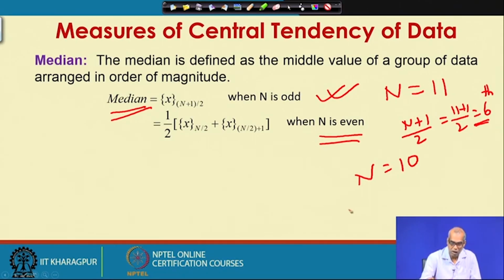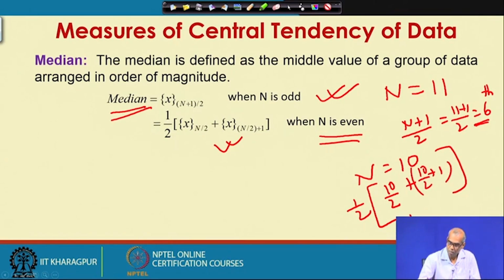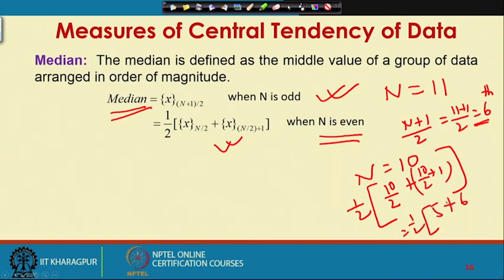So, half of (n by 2 plus n by 2 plus 1), that is, 10 by 2 and 10 by 2 plus 1. I think there is some problem here.